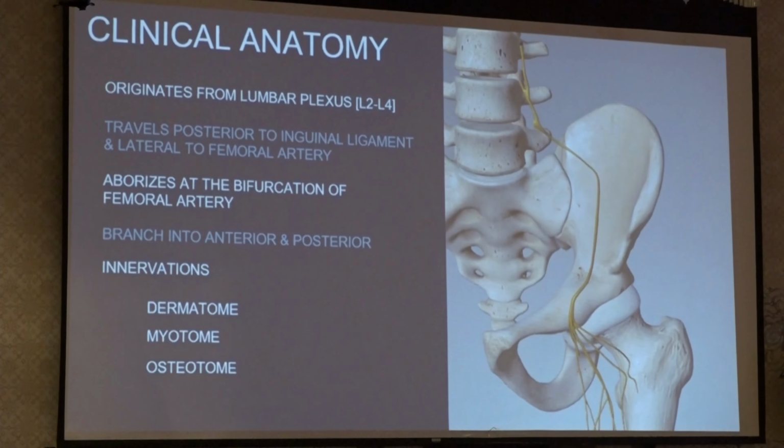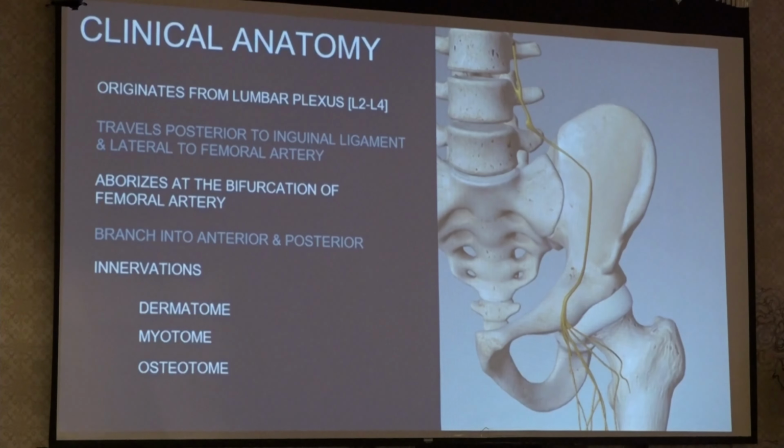One key point to note is that at the point lateral to the femoral artery, it will arise at the bifurcation of the femoral artery, giving rise to smaller branches. Hence, during scanning, injection and needling, one should always visualize the bifurcation of the femoral artery and deliver the medication proximal to that point.